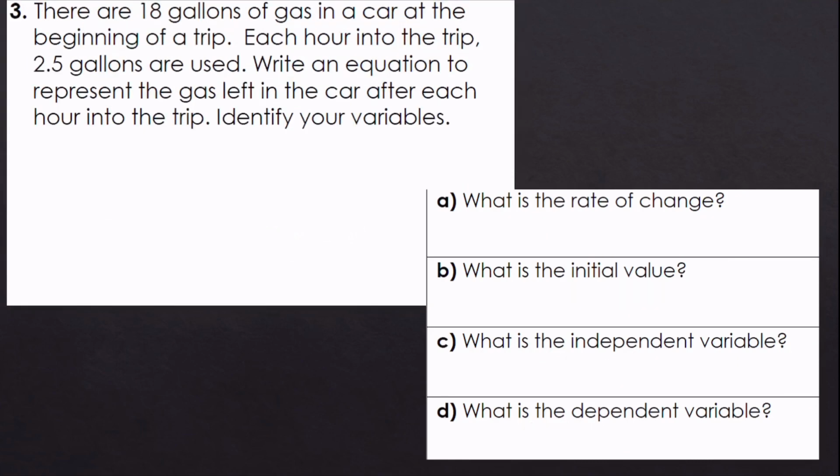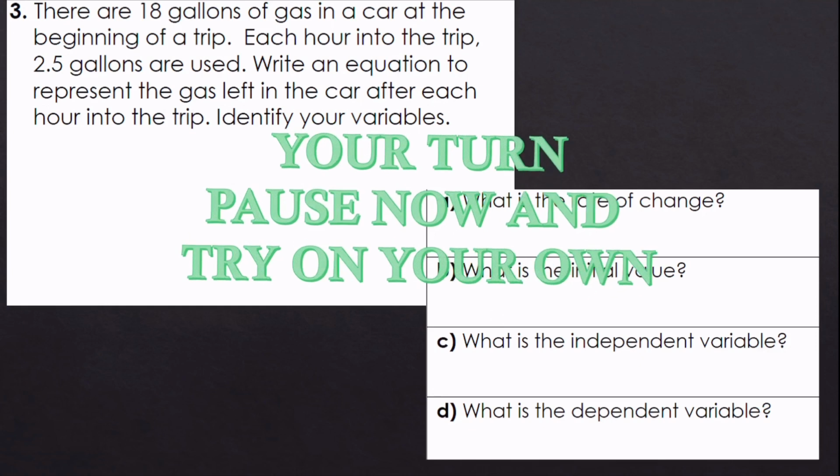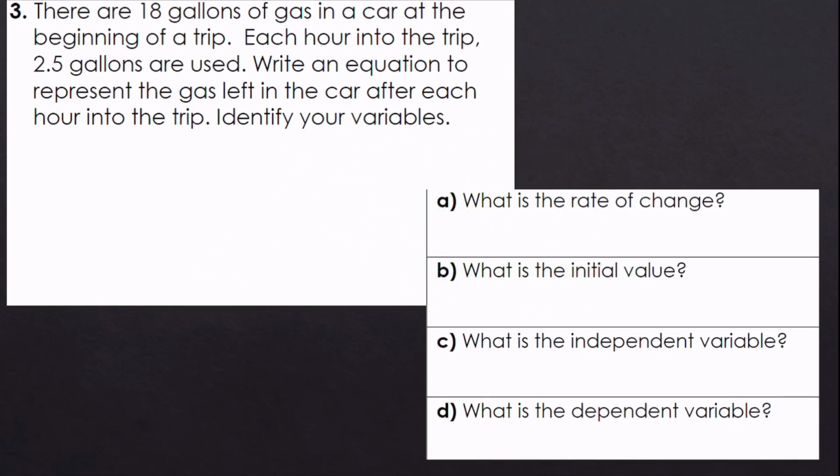So here's a third one, but you're going to pause and try this on your own. Okay, let's see how you did. So there's 18 gallons of gas in the car when you start your trip. There's some key words there.